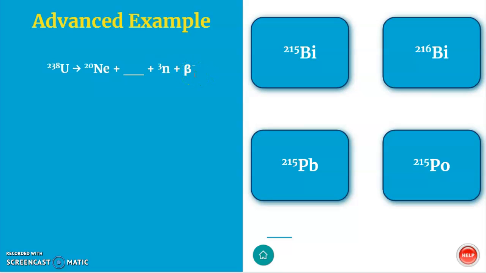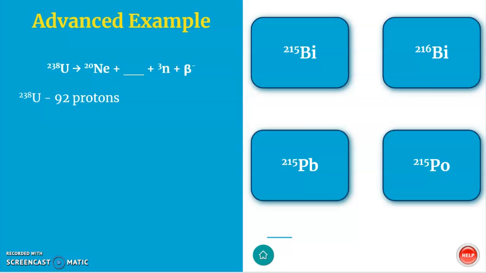None of the problems in the actual practice are quite this complicated, but I wanted to incorporate elements of everything into just one example. So again, we're just going to start with some bookkeeping of what we already know we have in our reactants and our products. So let's start with our reactants.